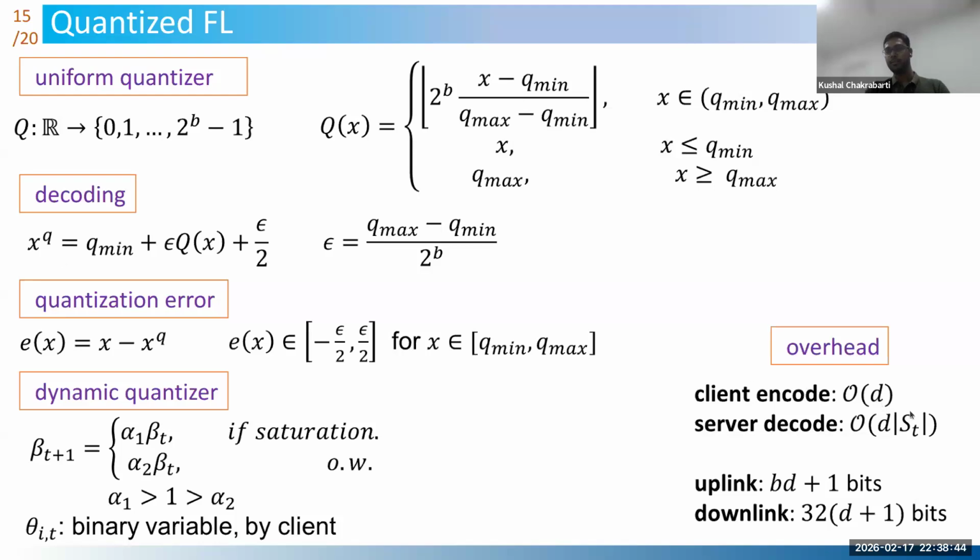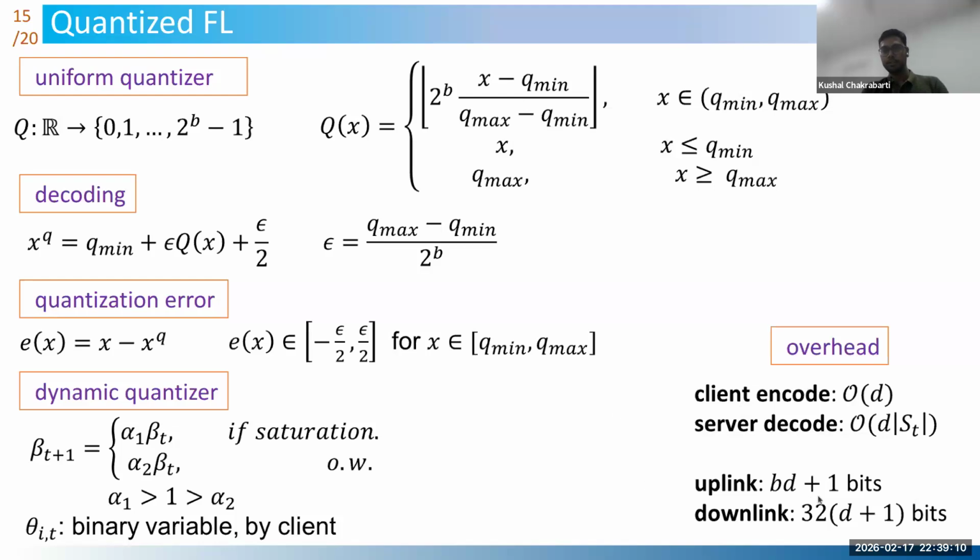So if there are modulus of st clients participating at round t, then the server complexity is d times that number of clients. Here d is the number of dimensions in x, so x lies in the real space of dimension d. That is the complexity due to quantization.